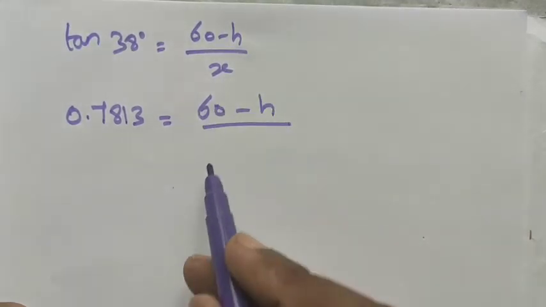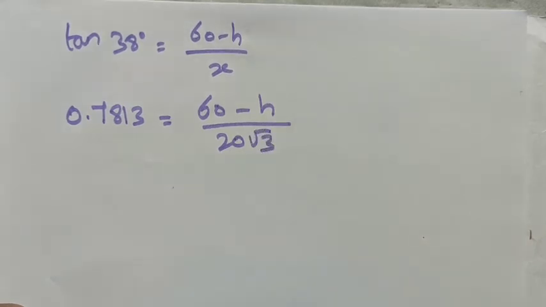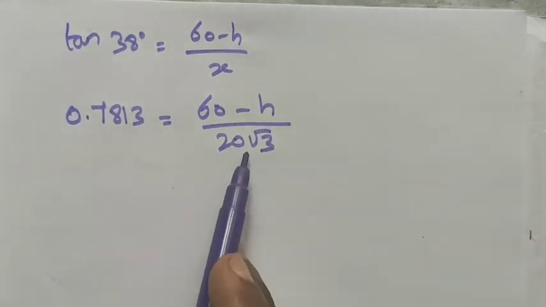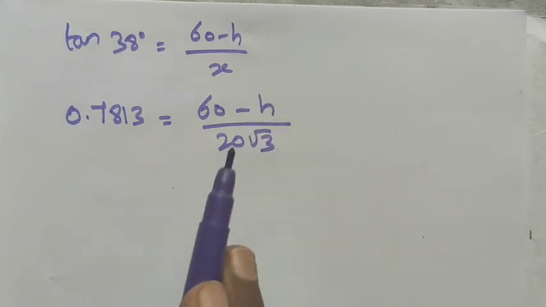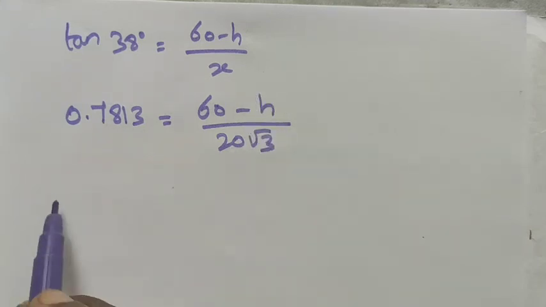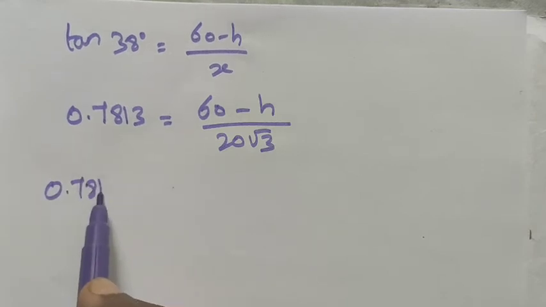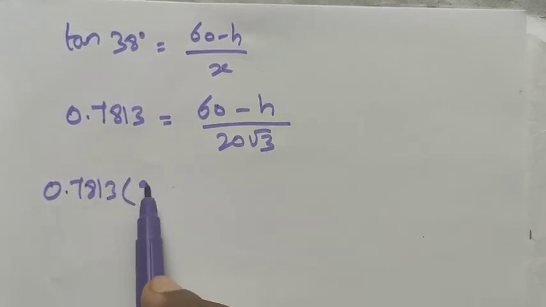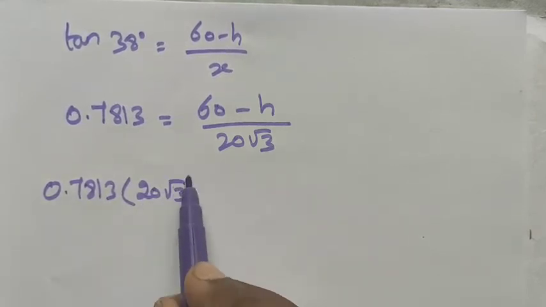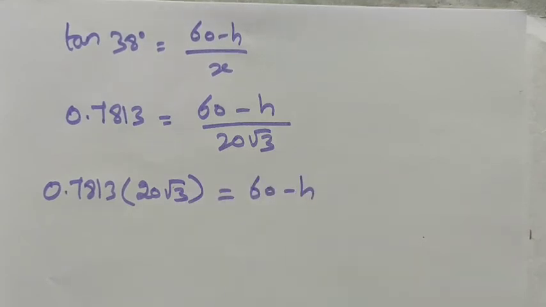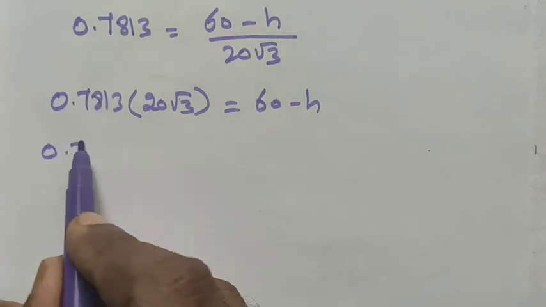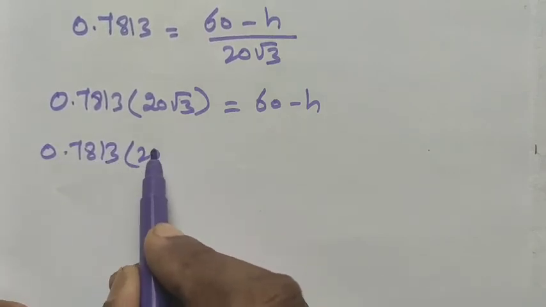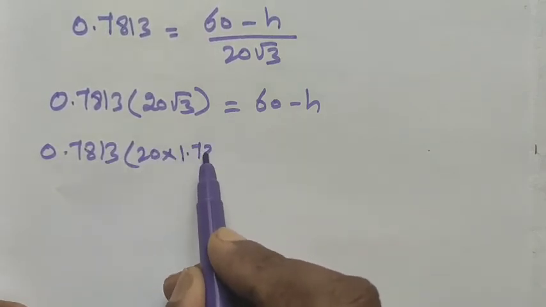The X value we just found is 20 root 3. I take this 20 root 3 to the other side because we want to find the height of the lamp post only. So 0.7813 into 20 root 3 is equal to 60 minus H. Root 3 is 1.732.